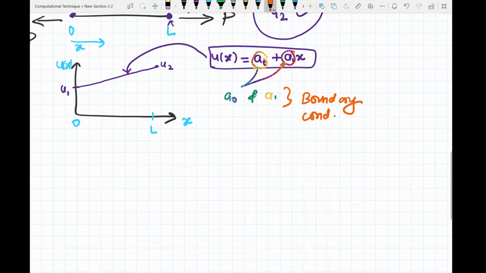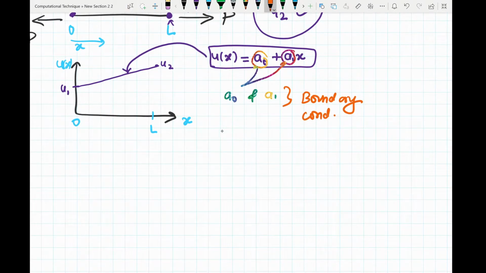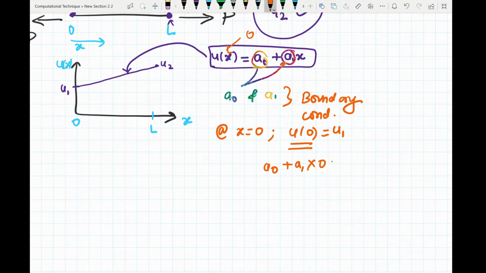Here the boundary conditions are, at x equals 0 you have u(0) equals u1. Now your u(0) will be, if you put 0 here, you'll get a0 plus a1 times 0 equals u1. Therefore your a0 equals u1.